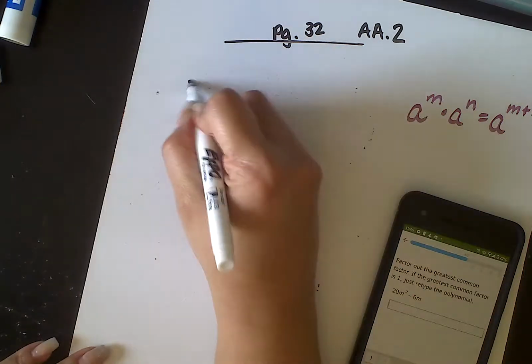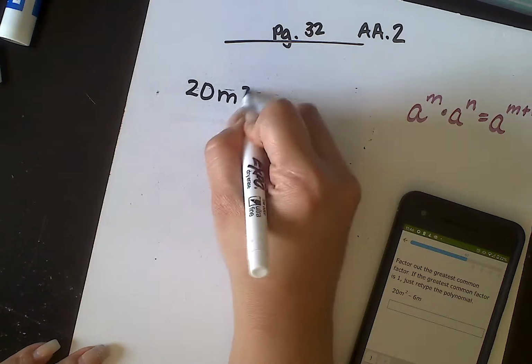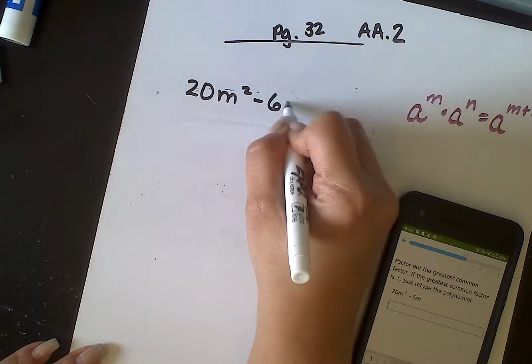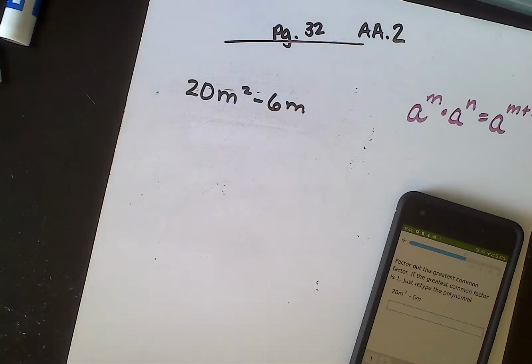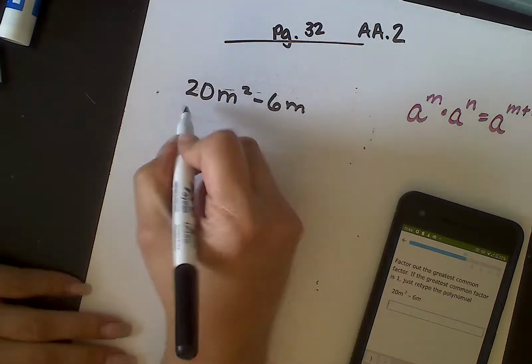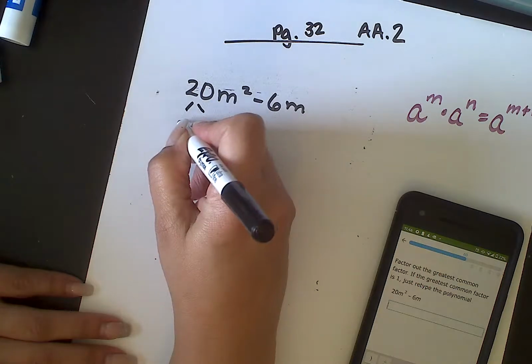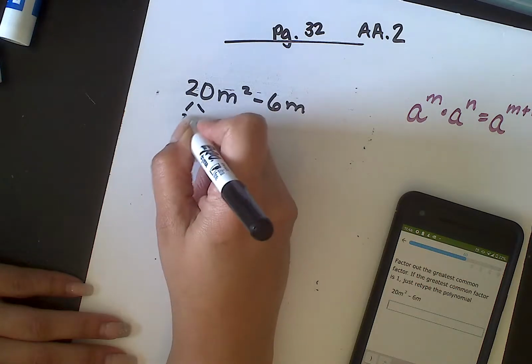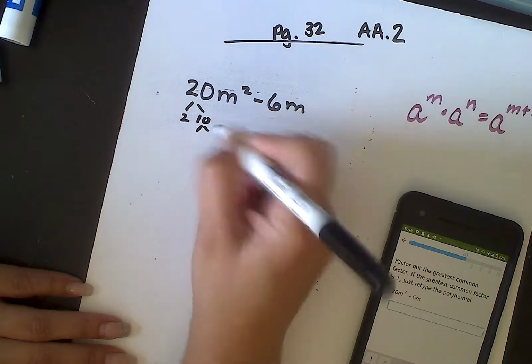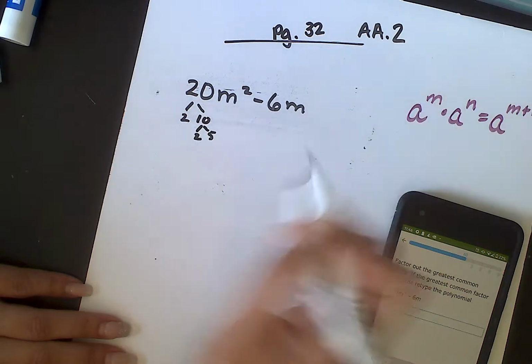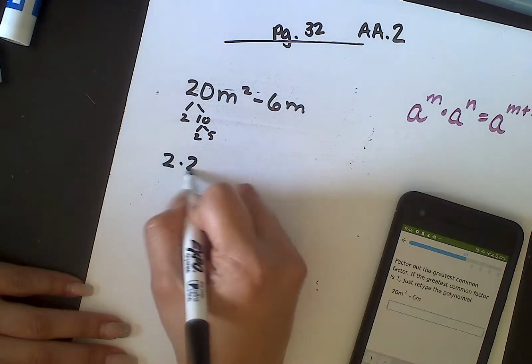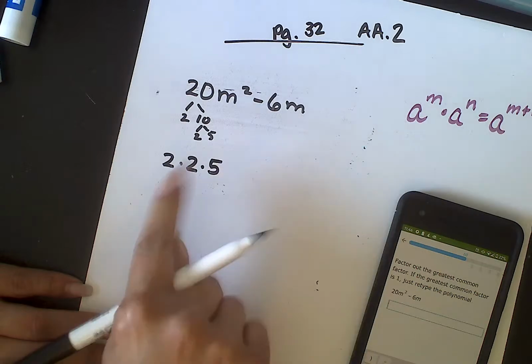This one is 20m squared minus 6m. So let's go ahead and break down 20 because that is a composite number. That could probably be 2 and 10, which 10 could also be broken up into 2 and 5. So I'm going to say 2 times 5.